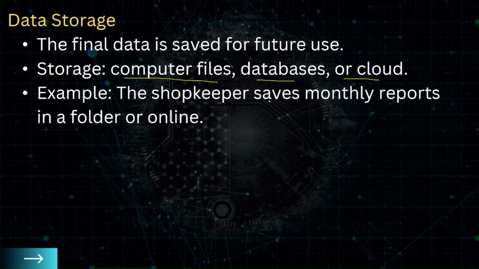Or if you want to save your data in secondary storage devices, you can mention examples like a hard disk or pen drive. So the example is, the shopkeeper saves monthly reports in a folder or online. So this is the complete data processing cycle.